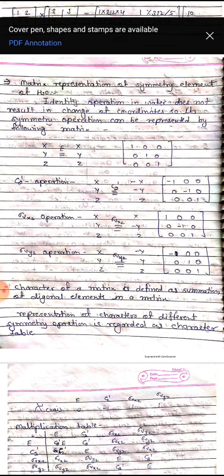If rotation is carried out by an angle of 180 degree, you will get an indistinguishable configuration. Therefore, water has a C2 axis of symmetry. C2, one time rotation of 180 degree. What will happen?